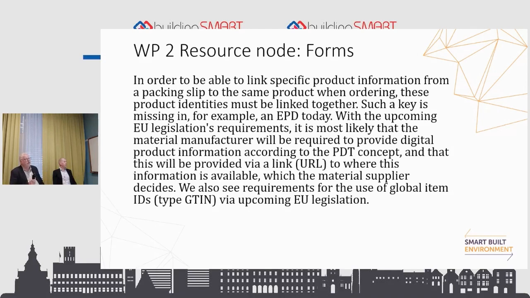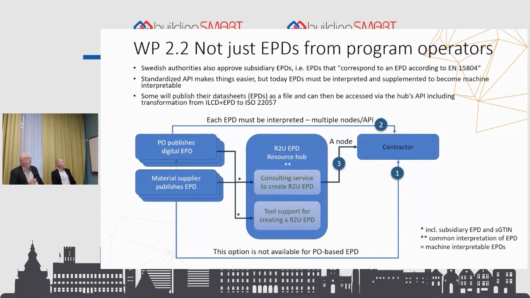So how to handle these messages so that we have the right information, so that we can collect information about the delivery and about the transportation and about the amount of material.